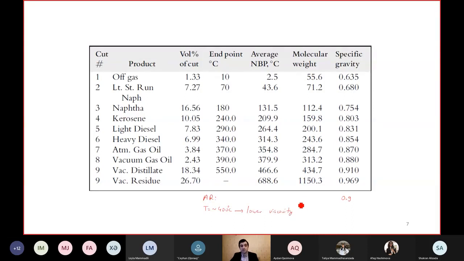If the temperature goes down below 100 Celsius, then we will have a problem moving them in the pipelines. Sometimes it happens that they become dry or act like a solid. That's why they add steam in this case.